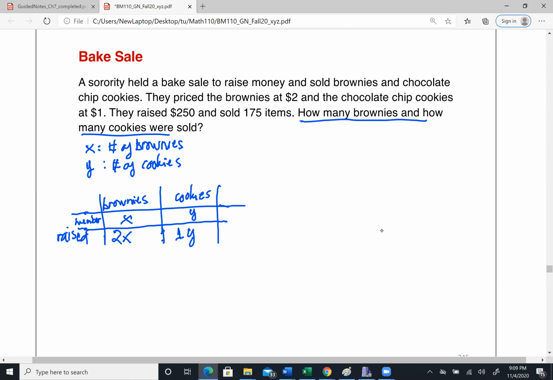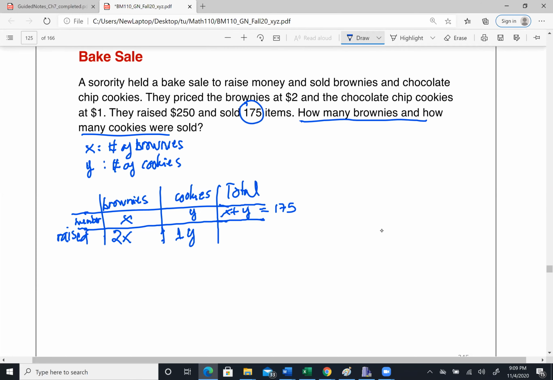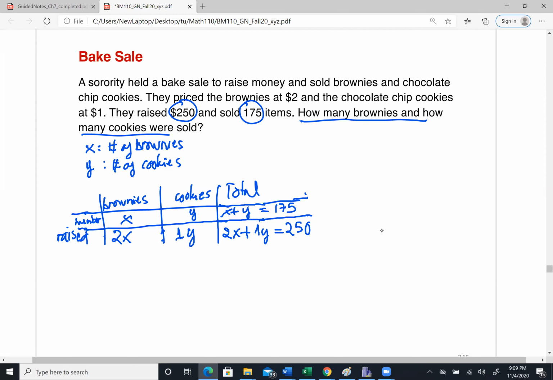Then I have another column, total. The total number of items is X plus Y equal to 175, given here. The amount of money raised is 2X plus 1Y equal to 250, as given. So that is why we have the system of equations: X plus Y equals 175, and the second one is 2X plus Y equals 250.